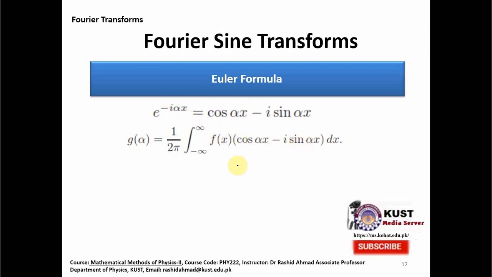And here you see two important things. We are assuming that this f of x is an odd function, and remember that I told you about what happens if you have a product of odd and even functions. So this is odd and this cos is even. So in the first term we have the product of odd and even, and in the second we have the product of odd and odd.